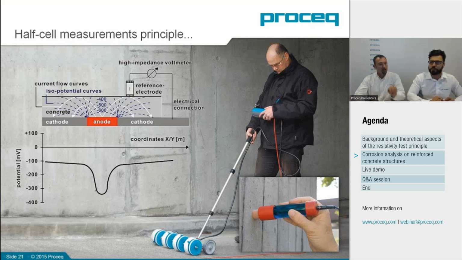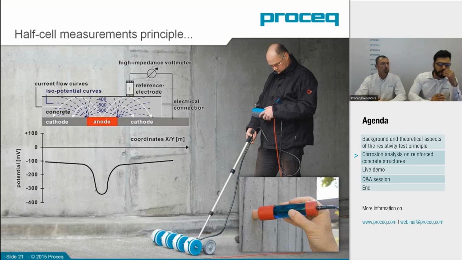Now we have a criterion to know where to use them and to extend the information that we get from direct observation to the whole area. So the key is that you need to combine information from non-destructive testing and direct methods. Fantastic. And then we would get to the half-cell measurement principle, and we can combine them together.